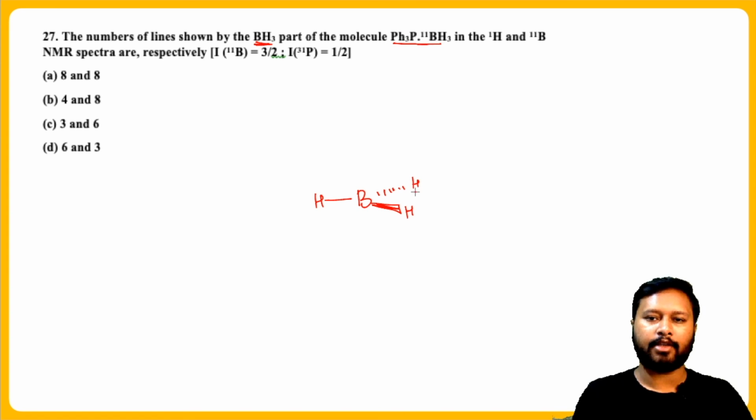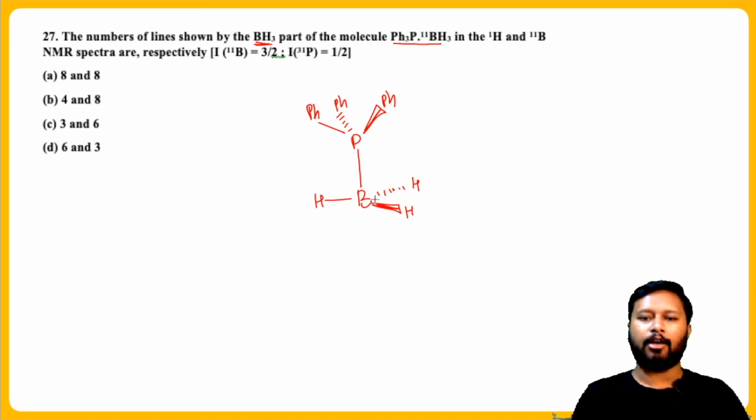That's how my BH3 will be. Since it's a Lewis acid, the other group, PPh3, which is pyramidal in shape, is going to have a single bond with it. Because it's a Lewis base, it donates electrons, and the Lewis acid will accept electrons from the phosphorus. That's what we are going to see.